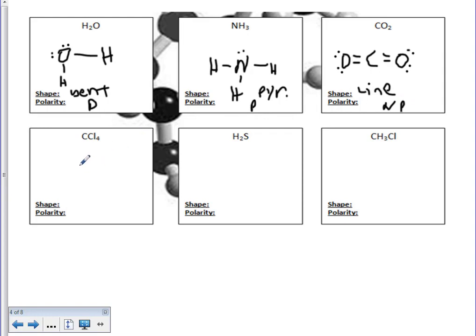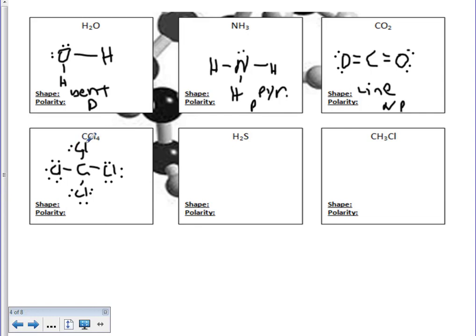Again, CCl4. Carbon is going to be our central atom, with 4 chlorines wrapped all the way around it. Chlorine has 7 valence electrons, so it just needs to pick up that extra share from the carbon. Now each chlorine has 8 valence electrons, and our carbon is sharing 8 electrons altogether, so that fills the octet rule.